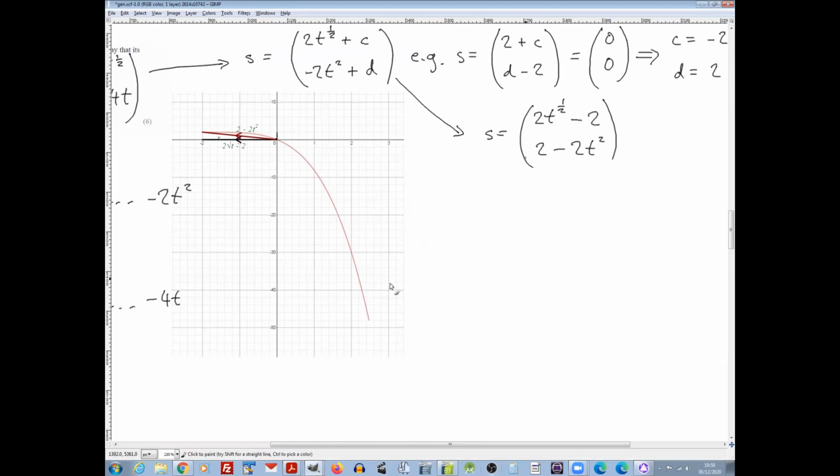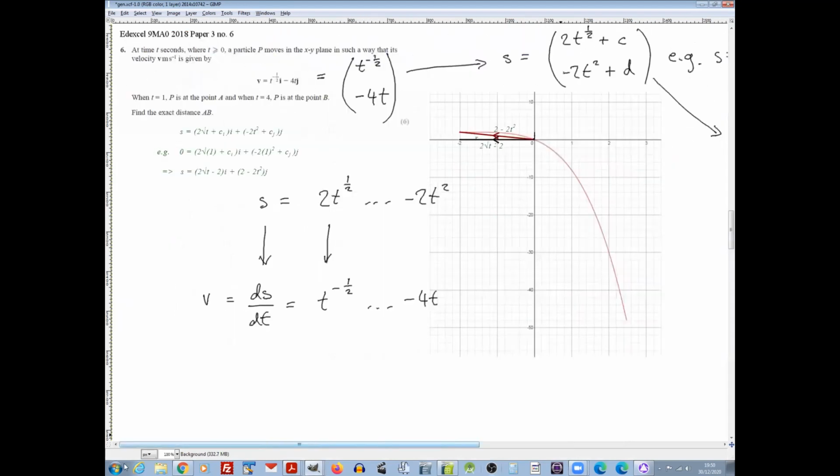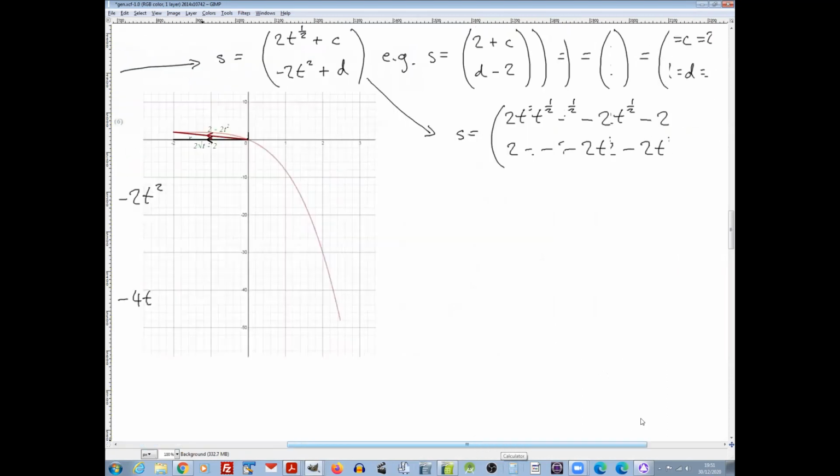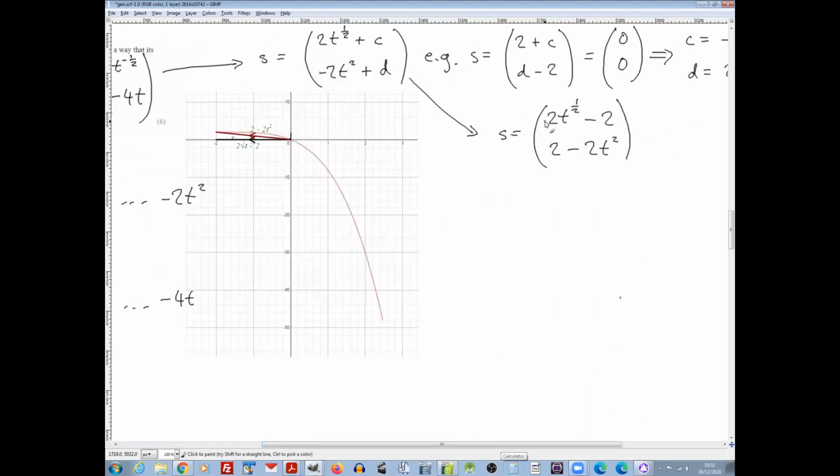And when t equals 4, we're at B, and we're down here. We can find that out by just plugging 4 in there.